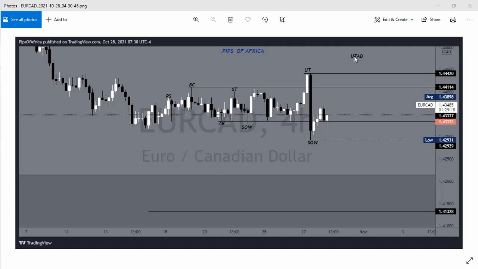I knew already that the market has to push above this high, because the rules of the Wyckoff schematic say there must be a push above the UT, which will give us the final push to the upside. So this one was being measured by this imbalance that was here.